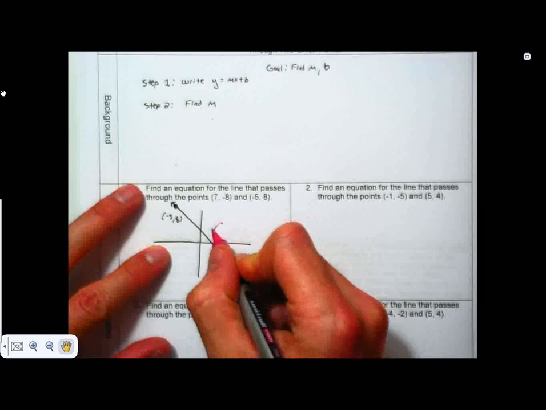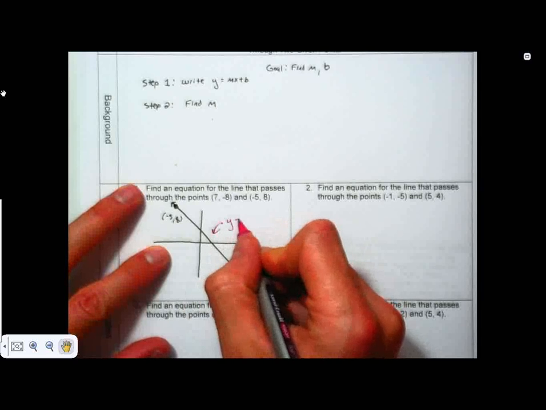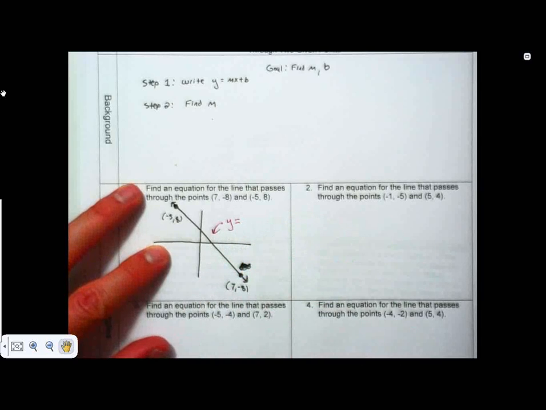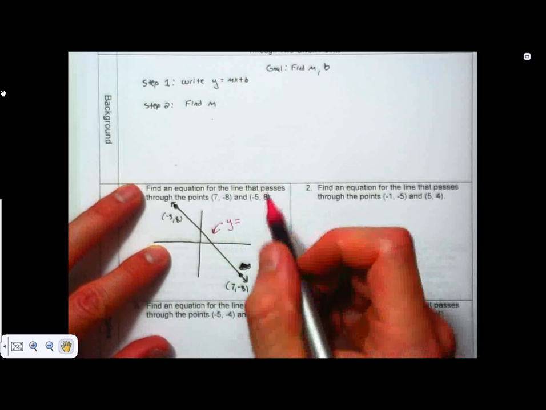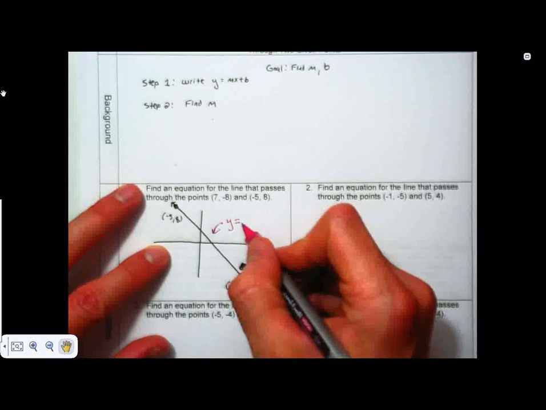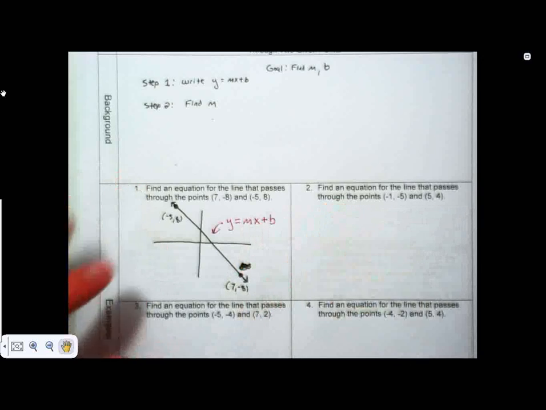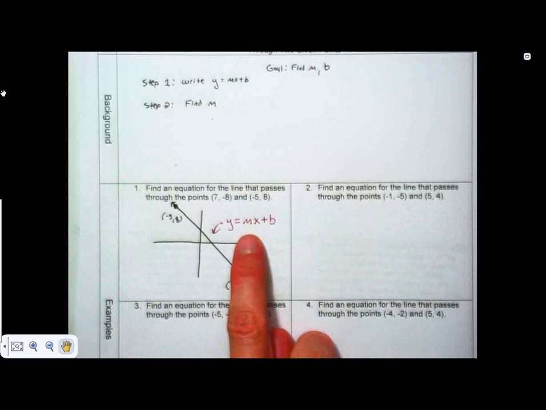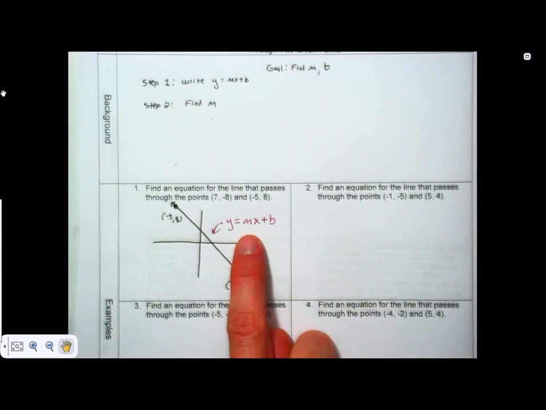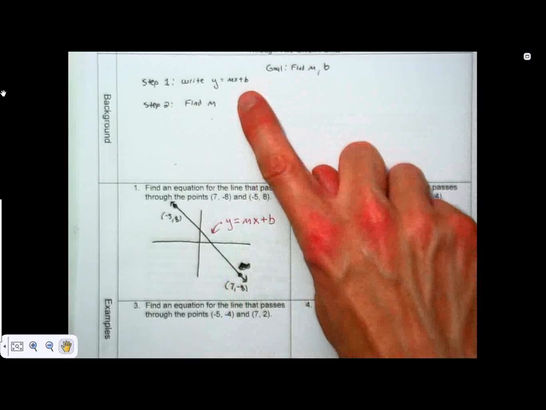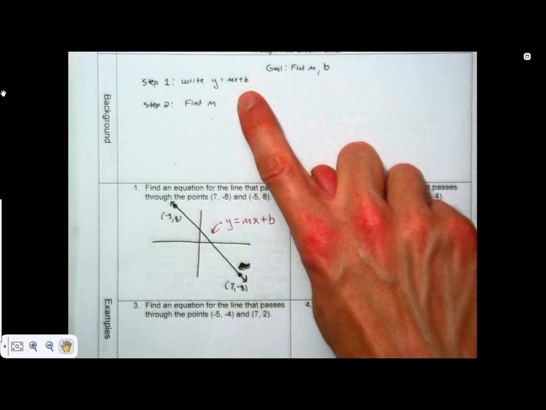And what I know is that every line's equation can be put in what's called slope-intercept form. So that means that when I'm all done, my equation is going to look like this. That's actually where I start, and the reason why is it more clearly defines what my goal is.